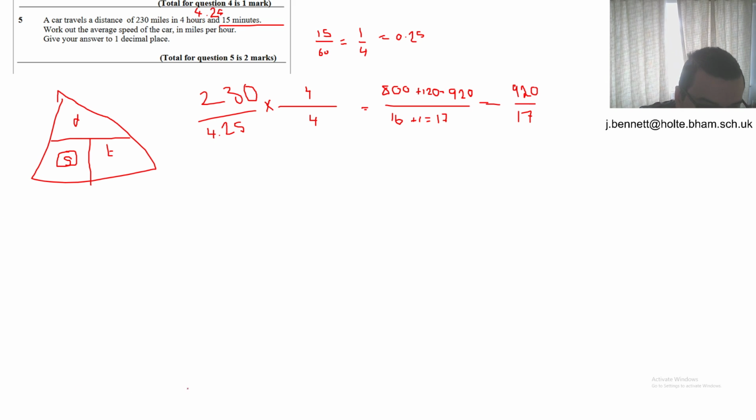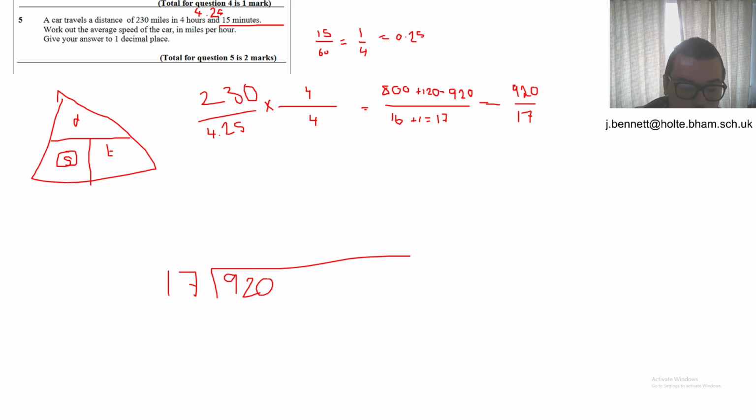So let's go through and do our division. 920 divided by 17. We can't simplify it: 17, 34, 51, 68, 85. No, we can't simplify it. So let's just go through. How many 17s go into 92? 17, 34, 51, 68, 85, 102. We have 5.